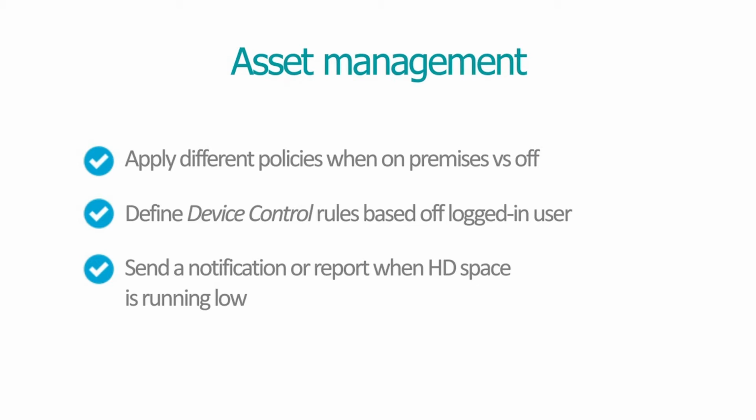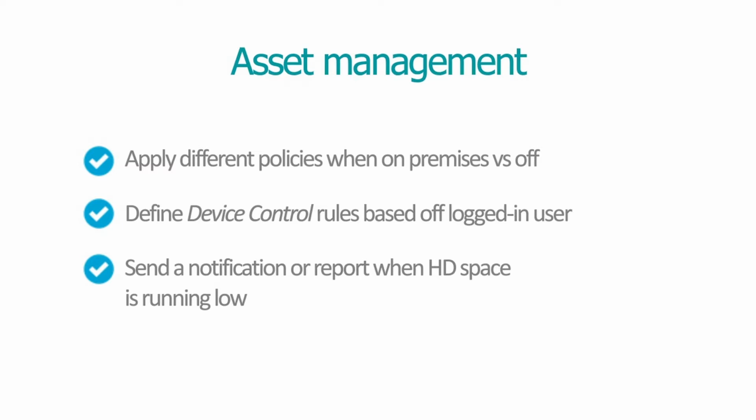And people will define device control rules based off the logged-in user to that computer. We can also send notifications to the user or a report when the hard drive is running out of space. So maybe the user isn't saving things on the network drives like maybe they should be.